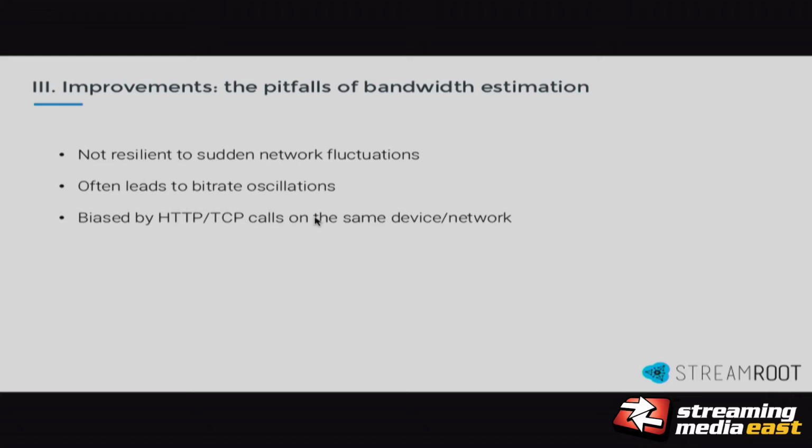So what we see often is that either they're very much overestimating them or they tend to be not responsive enough. And one of the most common problems observed is the problem of bandwidth oscillation, which you touched on briefly. And the oscillation that we see is a product of both the bandwidth estimation and the scheduling of chunks.